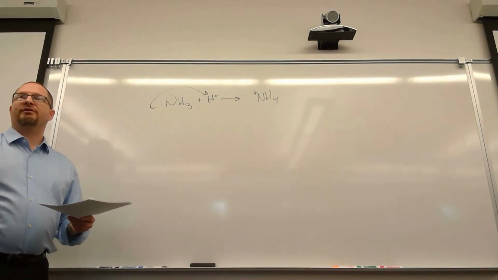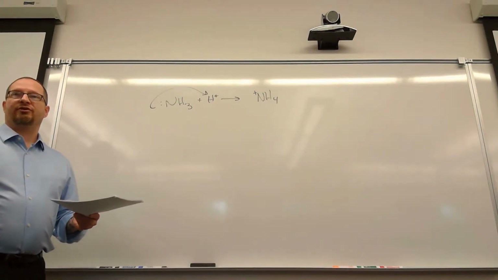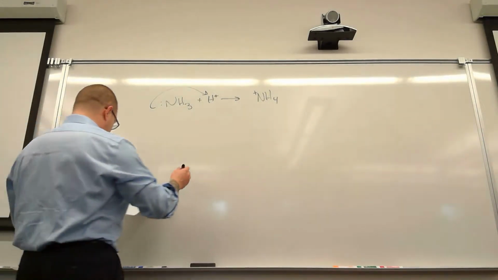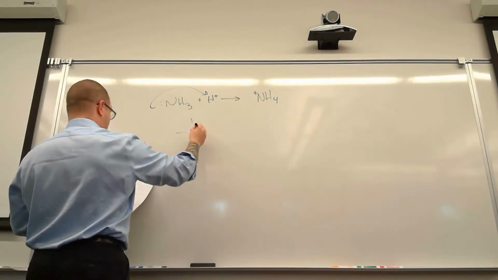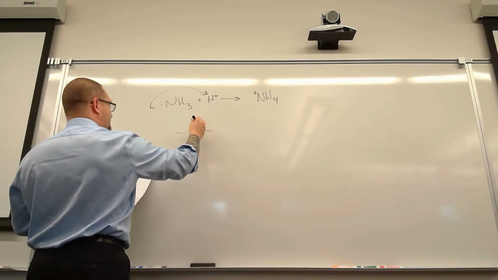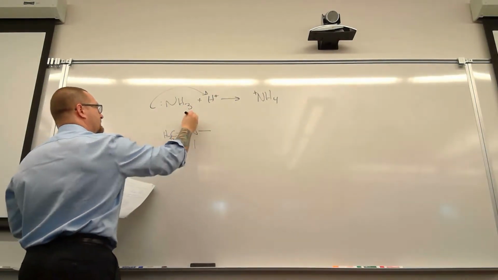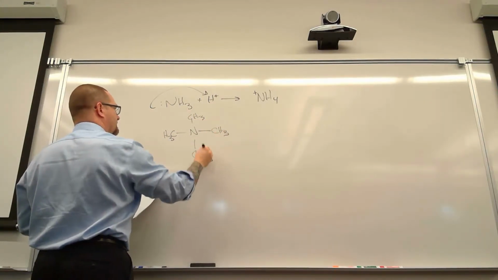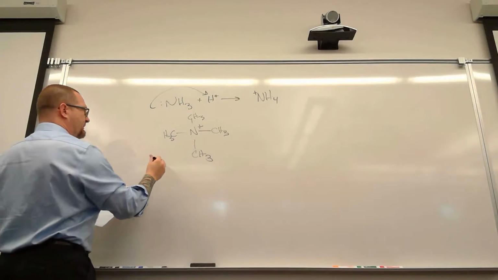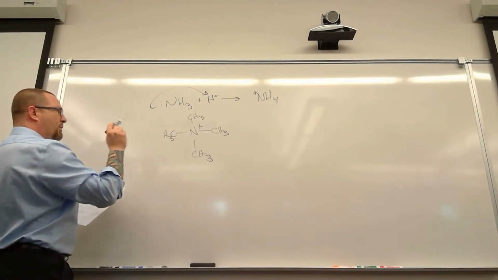So when you get 4 bonds to the nitrogen, you're going to get a positive charge. And if you have something like this, this is tetramethylammonium.